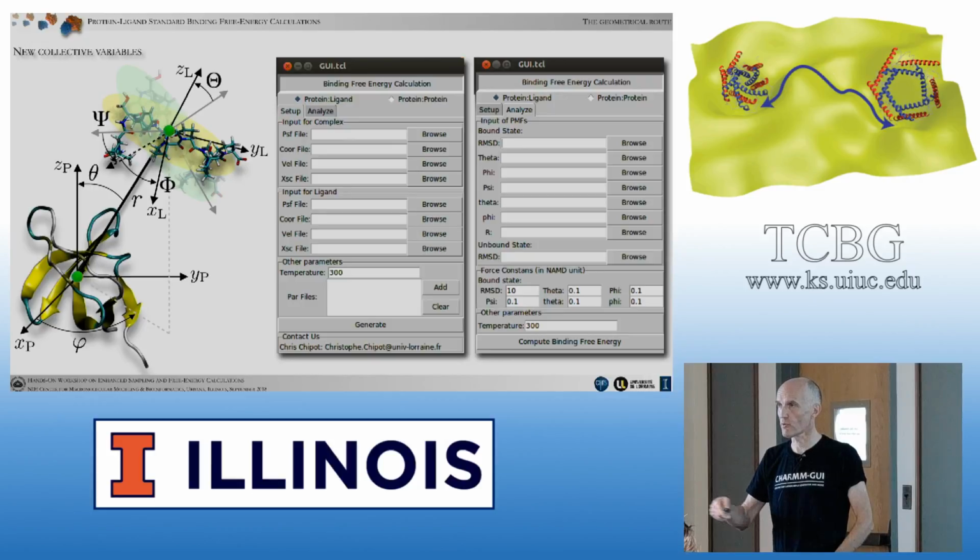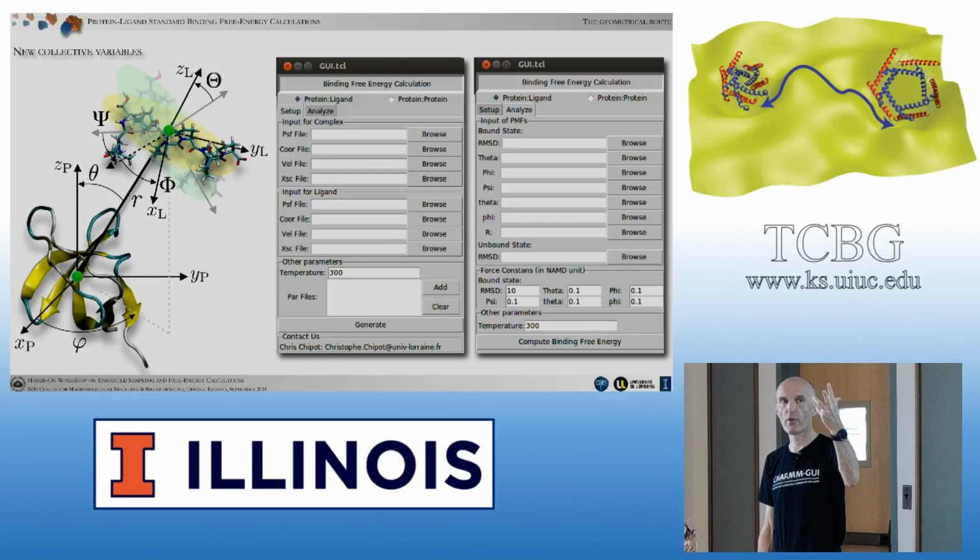It will generate for you, in different subdirectories, all the input files, the colvars input files and NAMD input files, to do your different potentials of mean force calculations. I don't know if you counted, but you have to do 8 potential of mean force calculations to do the geometric route. You have the RMSD in the bound state.